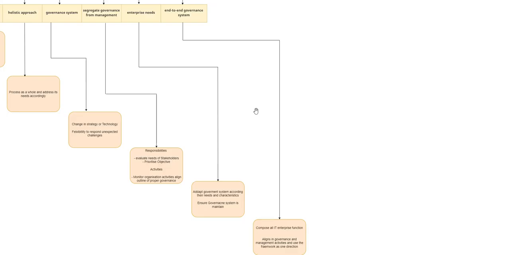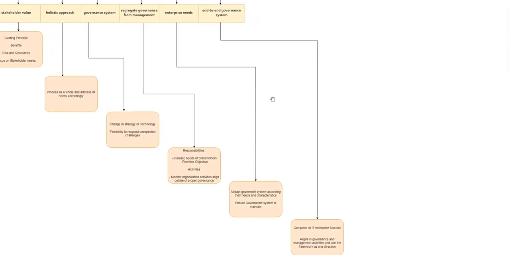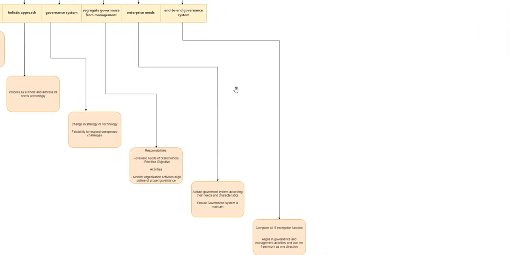So this will be end to end, the whole process from stakeholder value to enterprise needs. This will be the consolidation of the principles, combined as IT management activities and used as an organized framework with one direction. One direction means it needs to be followed. It's mandatory for the organization.